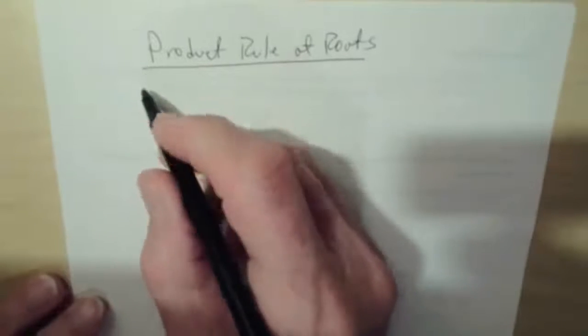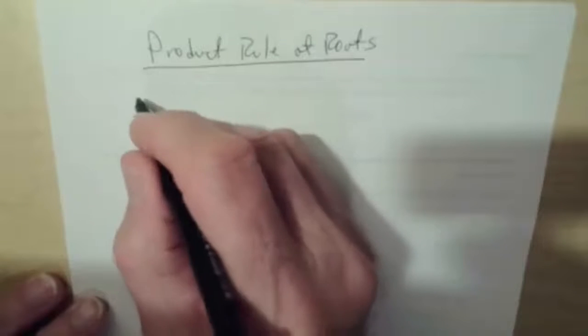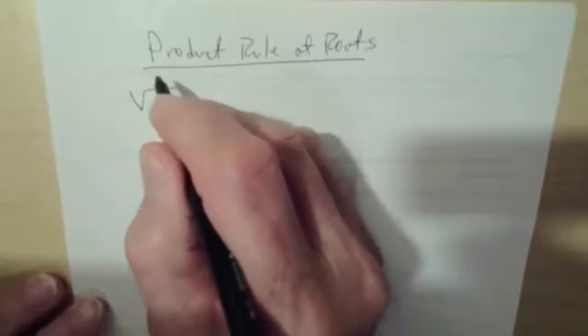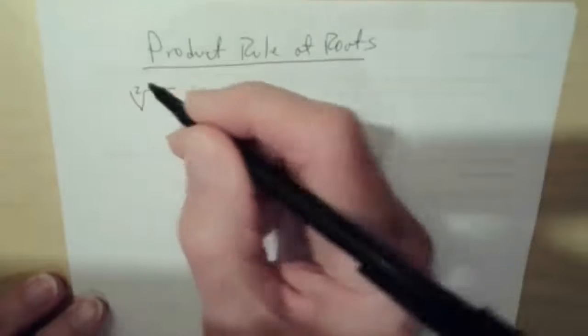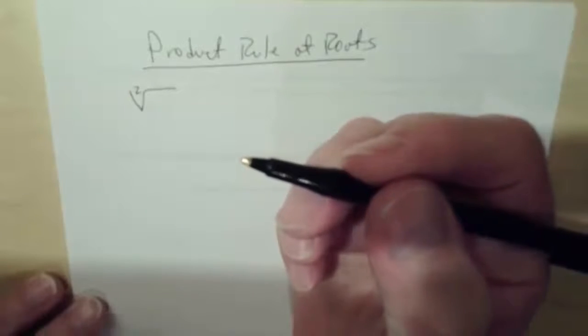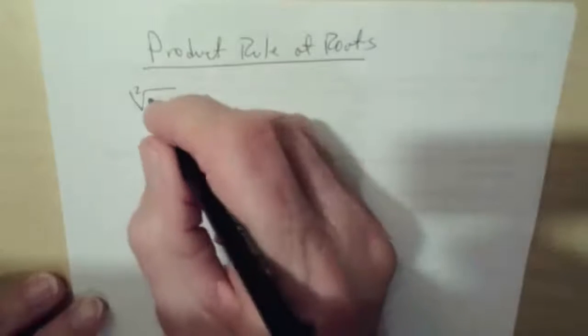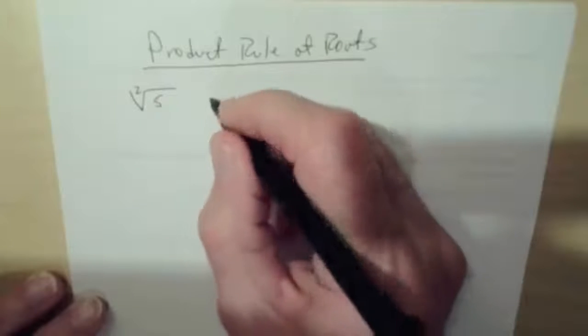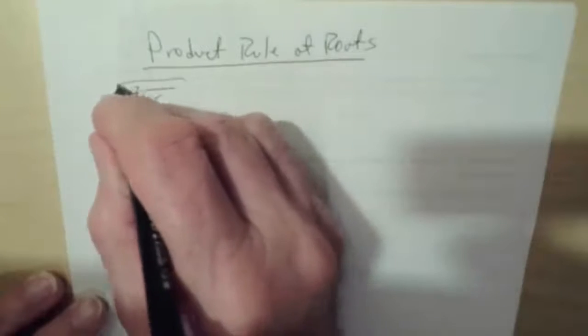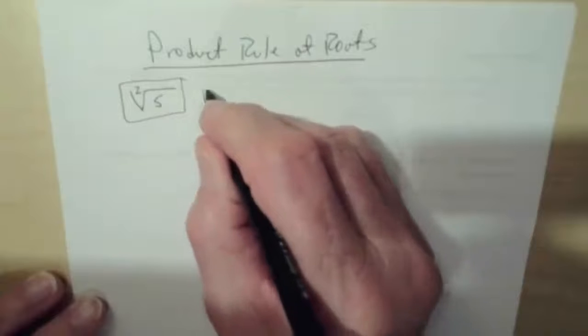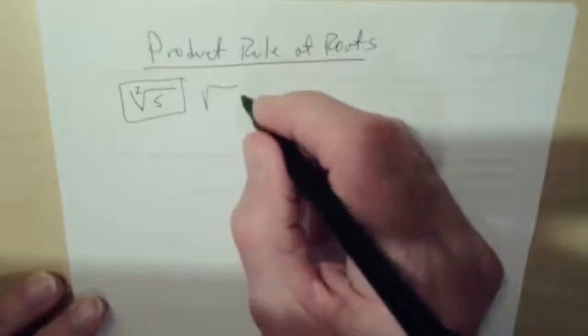Our roots are square roots. We have this. There's a 2 in there. We typically do not write that. And 5, where the square root symbol is called the radical.